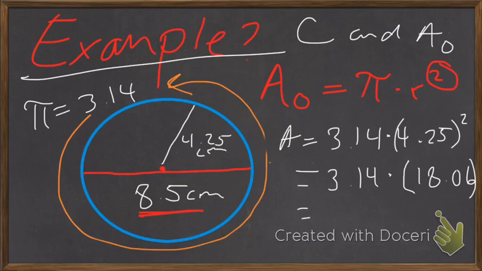Now this is just a normal multiplication: 3.14 times 18.06 equals 56.71.